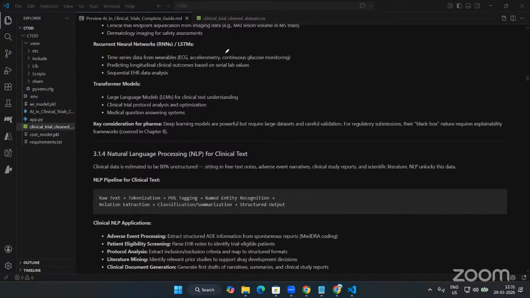Then we have transformer models. Transformer models are the latest models, something which is very much trending. They come with large language models, LLMs, for clinical text understanding, clinical trial protocol analysis and optimization, and medical question answering systems.